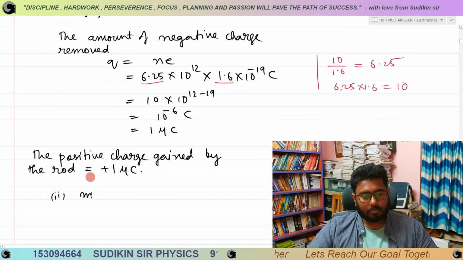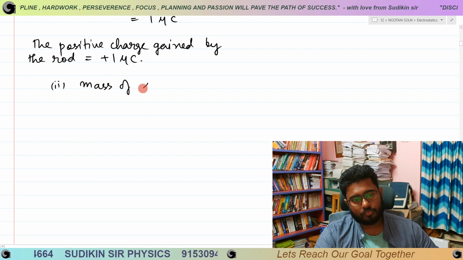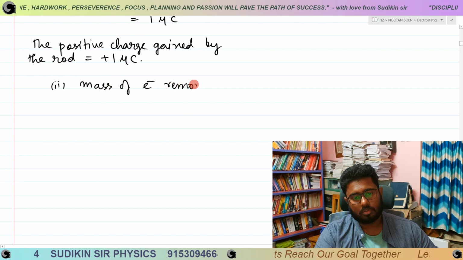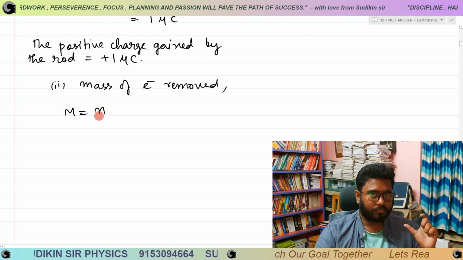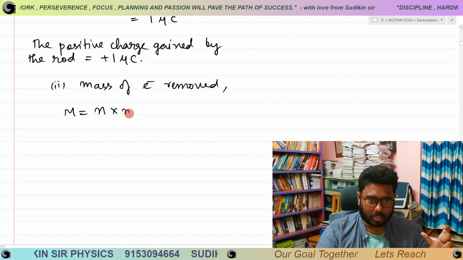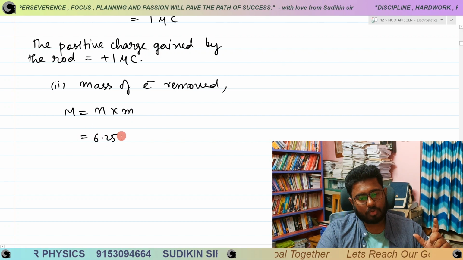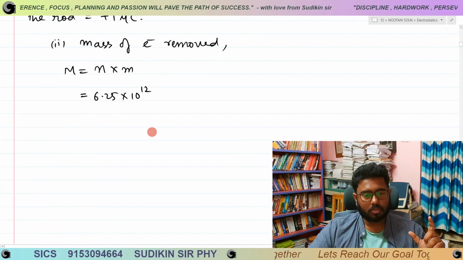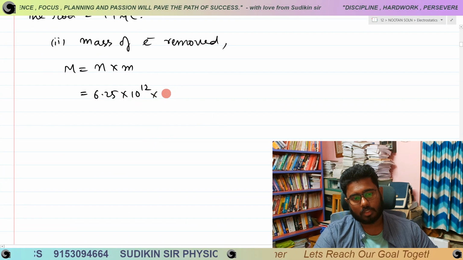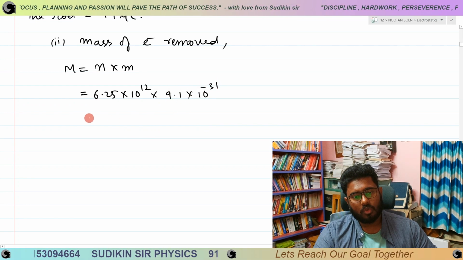Okay, that means the mass of electron removed, if I write it as capital M, will be n, the number of electrons removed, into the mass of one electron. So that will be 6.25 into 10 to the power 12 into the mass of one electron, which is 9.1 into 10 to the power minus 31 kg.